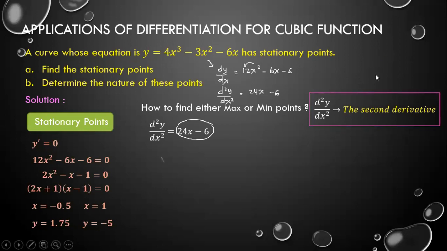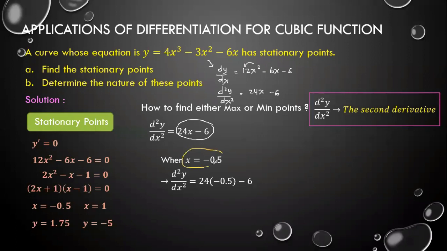Next, when x equals minus 0.5, we have to insert minus 0.5 into the second derivative. We find that d2y over dx squared is minus 18.